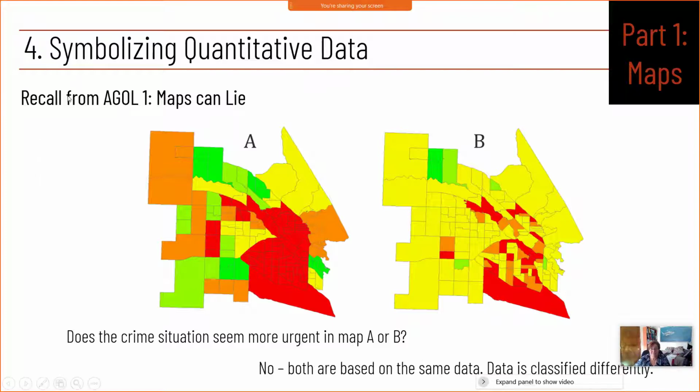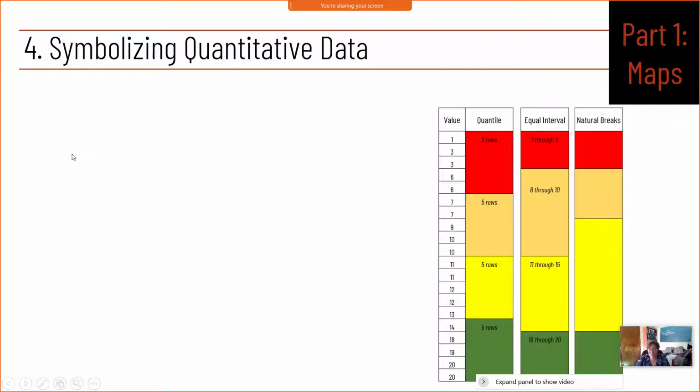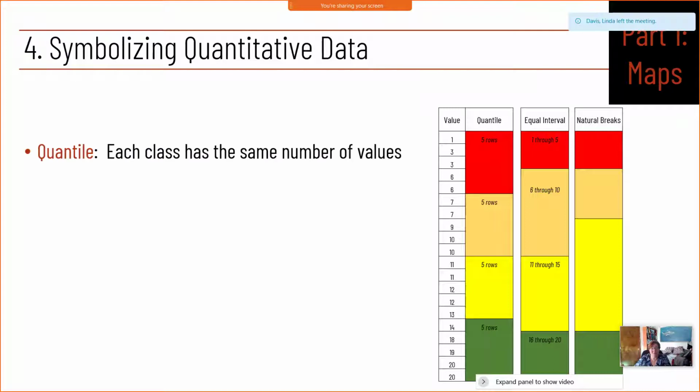And so there are three different symbolization or categorization schemes that I would like to talk to you about. The first one is the quantile. Here under values, let's say that there's 20 points on your map, and each point has a value associated with it, like 1 or 3 or 12.